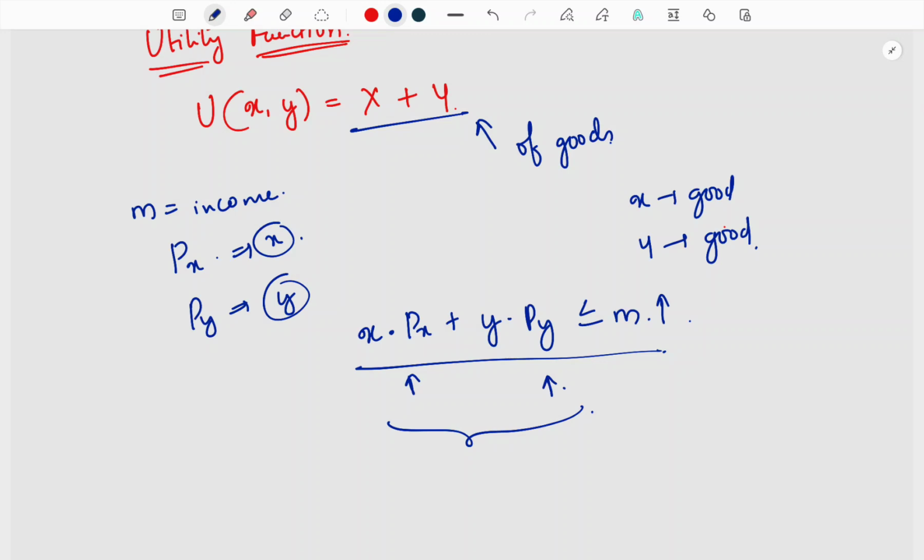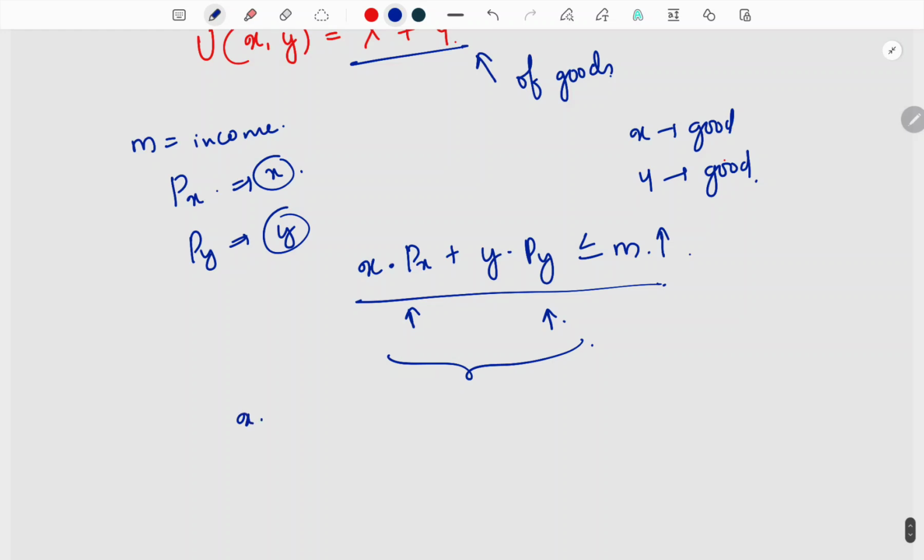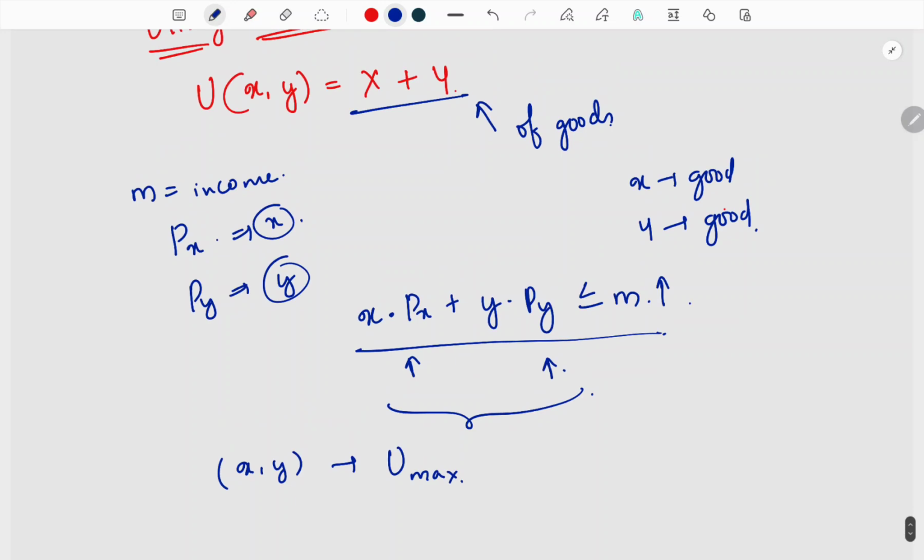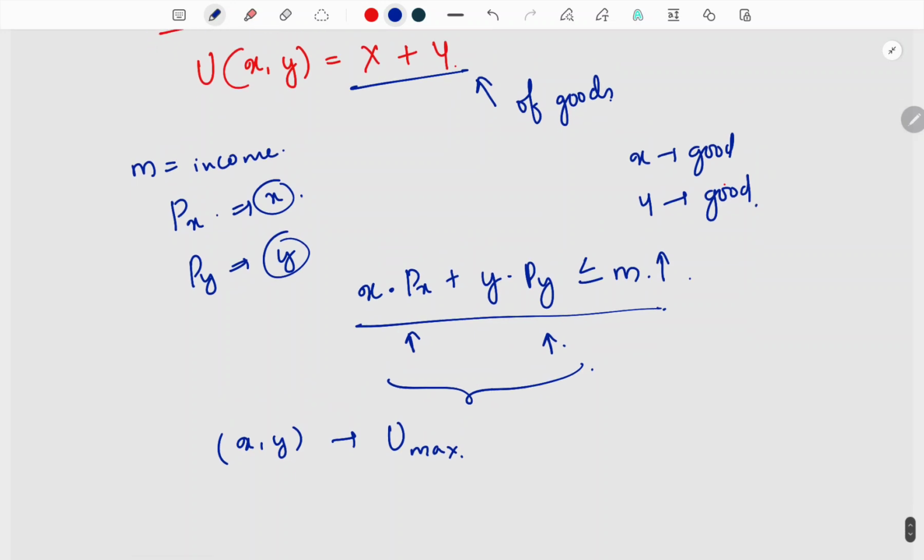And here the question is, what bundle of goods containing x and y gives him maximum utility, or u max? How do you find out that u max?